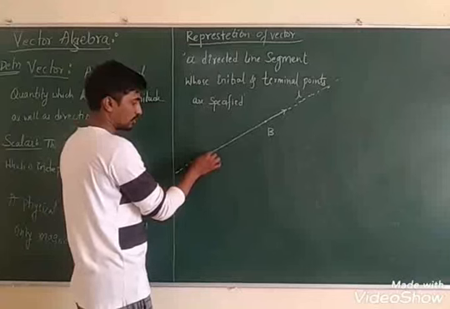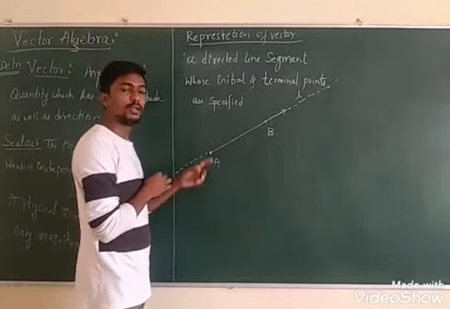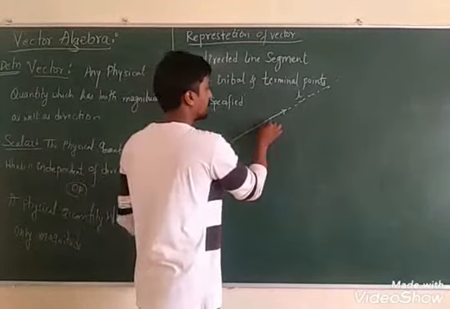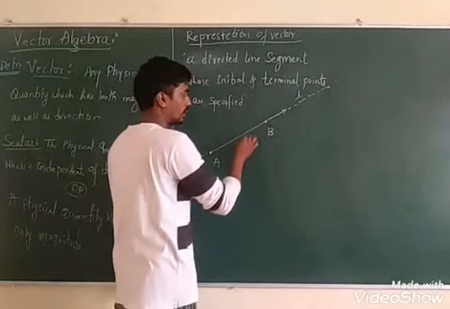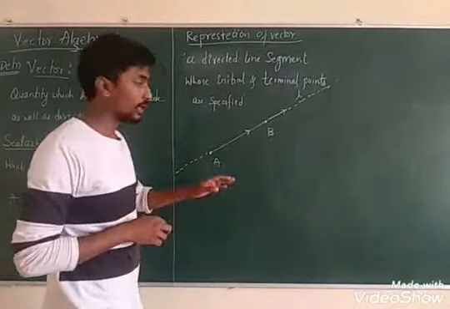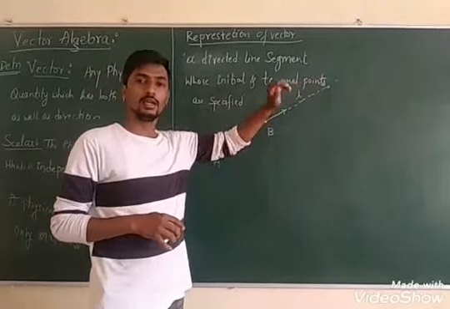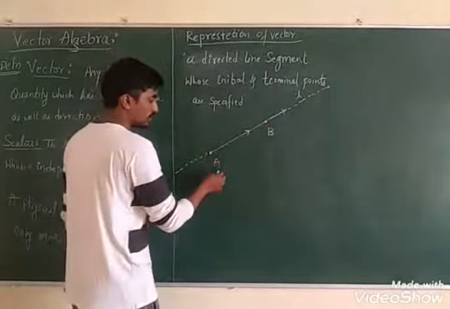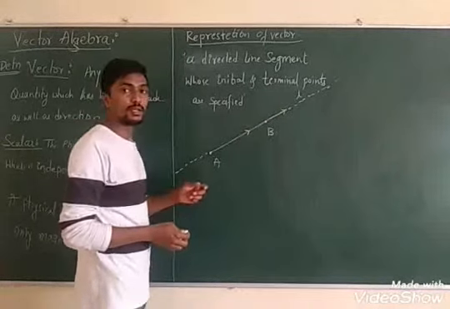Point A is the initial point, and point B is the terminal point, and it is in the direction of the line L, directed along the line L. This is exactly the graphical representation.